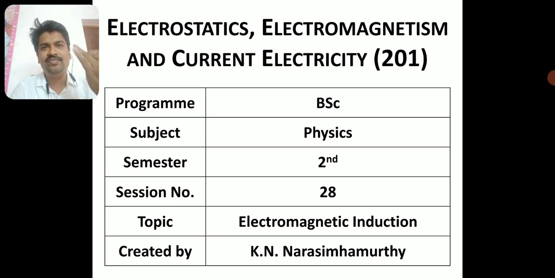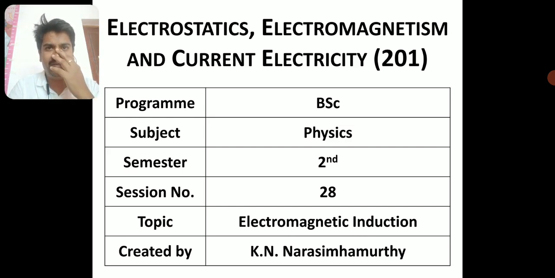Faraday's second law tells that the EMF induced is equal to the rate of change of magnetic flux. E is equal to d phi by dt. And Lenz's law gives us the direction of induced current.